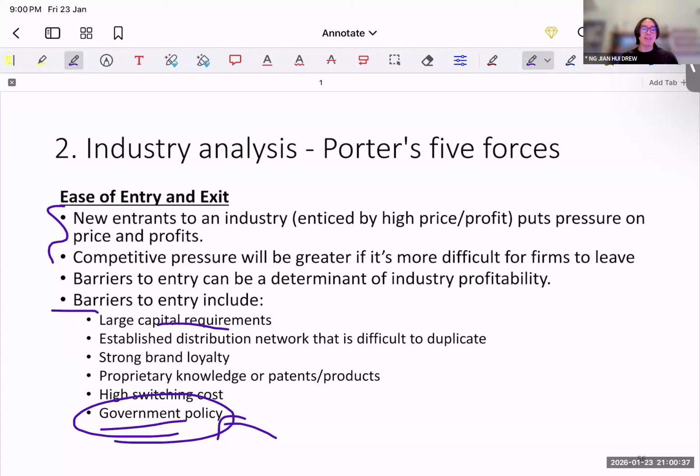This relates to government policy. In Singapore, the government actually offers this 5G spectrum for bidding every couple of years, so the telco companies will have to bid to use the spectrums.